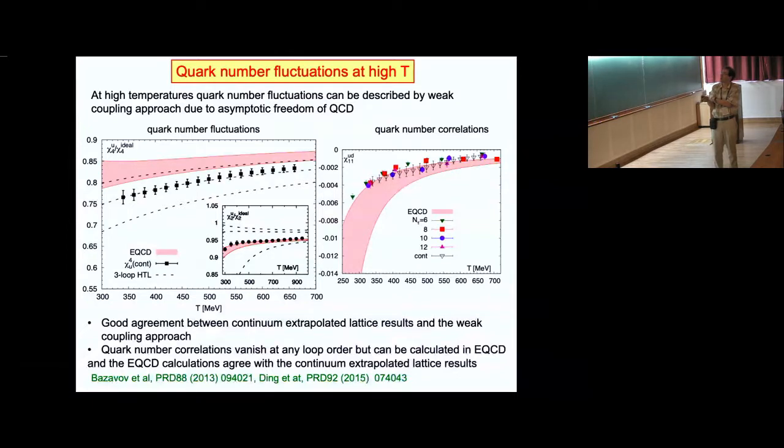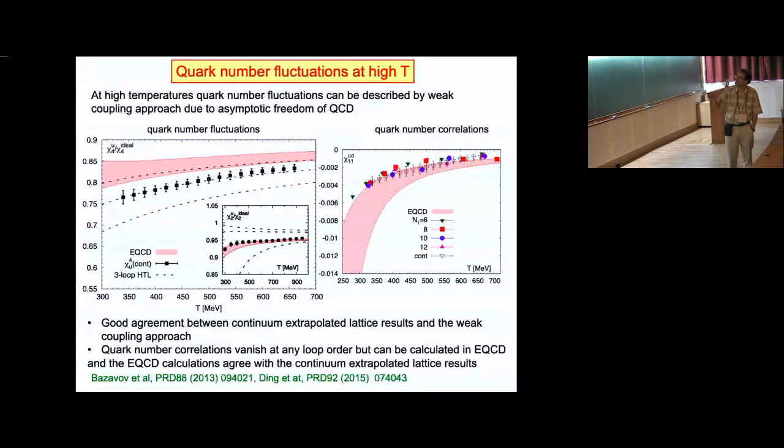Now you could look at the quark number correlations, and I showed you in the previous slide that they approach 1 very quickly, they're very small. But if you do a precise calculation, you can ask how small they are and whether the smallness of these off-diagonal u and d correlations can be understood quantitatively. It's a non-trivial check because, strictly speaking, this quantity is not calculable in the loop expansion. It's calculable in the decoupling expansion, but not in the loop expansion, because it starts at g to the 6.